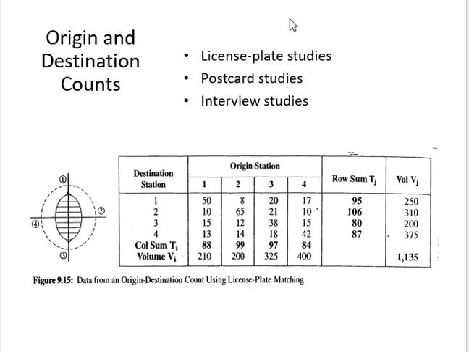In interview studies, normally we go for more questions, and then we can ask about other data which we need for other studies. So interview studies just for the sake of origin destination are not usually done. We don't do interview studies just for the sake of this data, because you have to stop that person and sit with them, and you have to ask many questions.